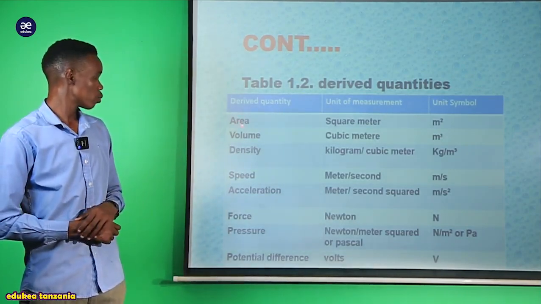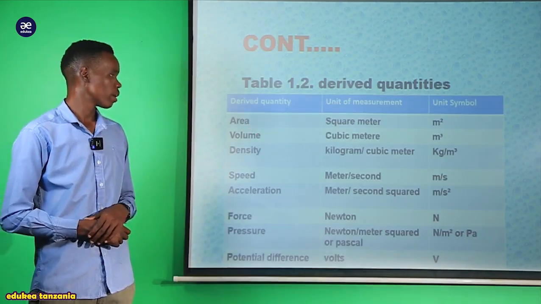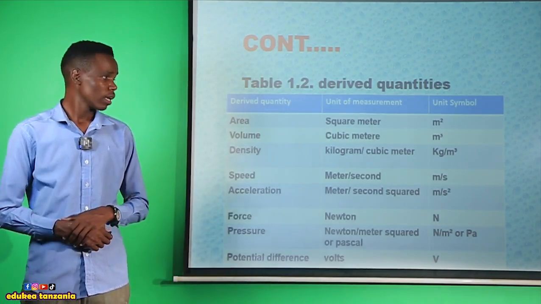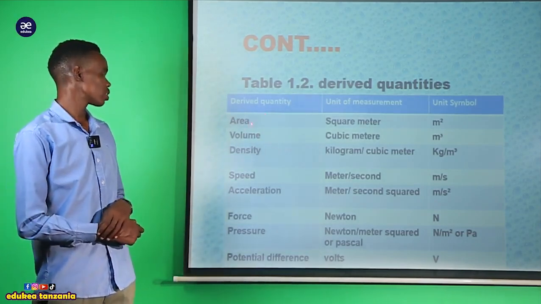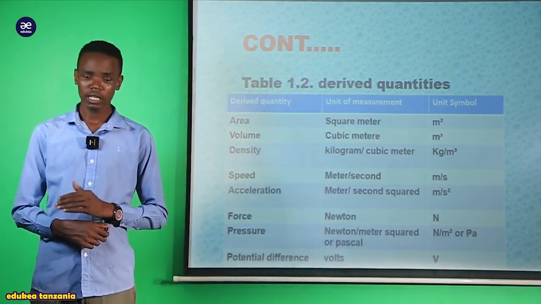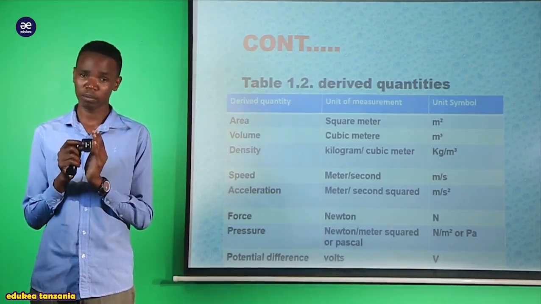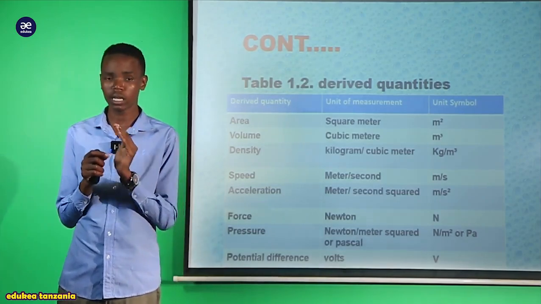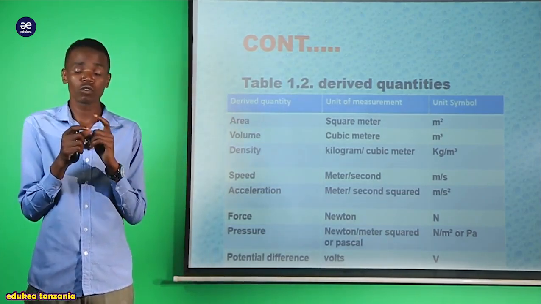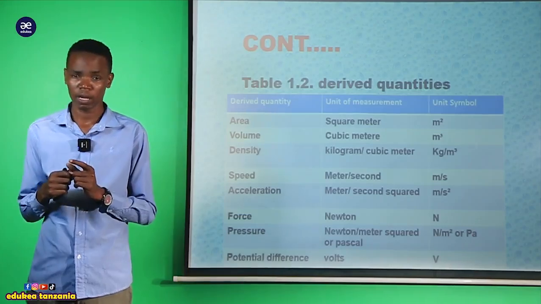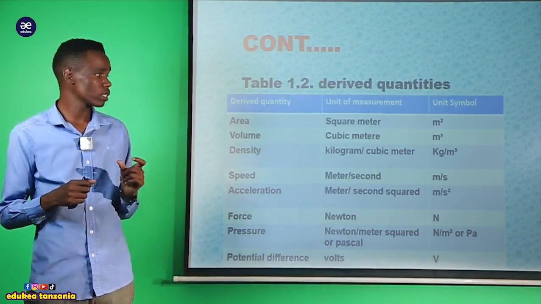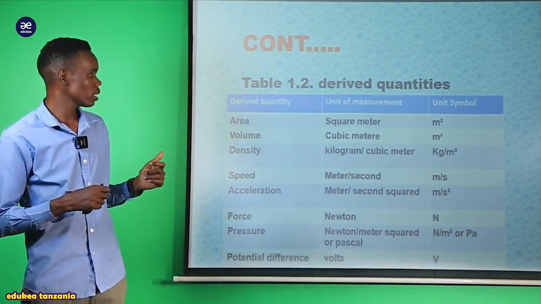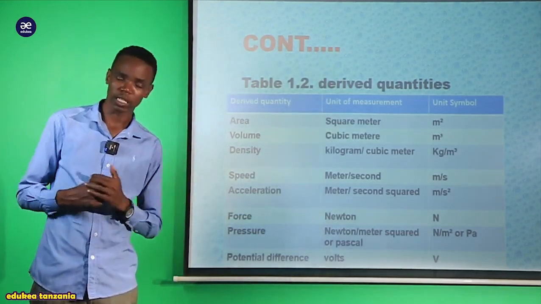So, my dear student, we have area as a derived quantity. Inside the area we have two lengths, because we get the area by taking length times length. So we have two fundamental quantities. But the unit of this derived quantity, my dear student, is the square meter.